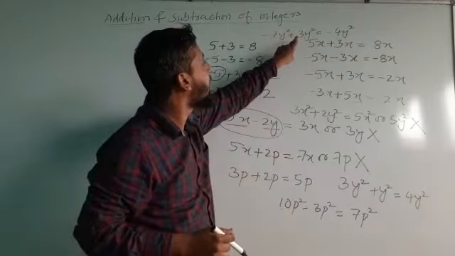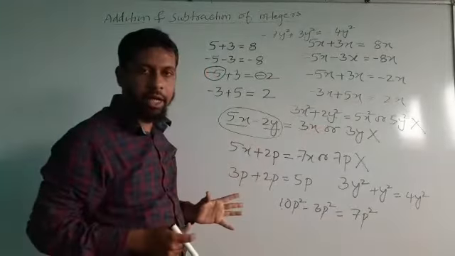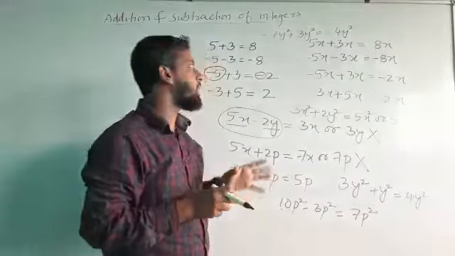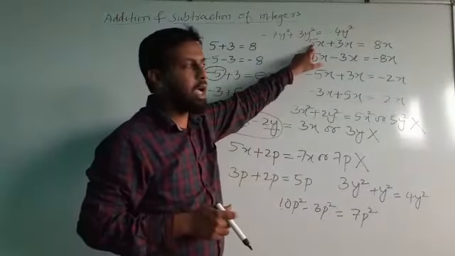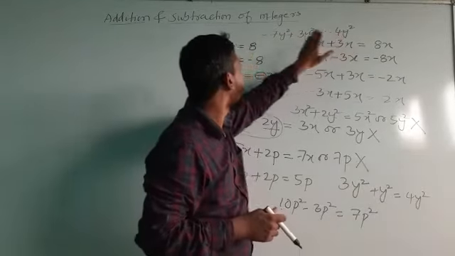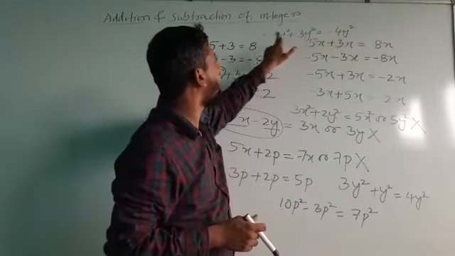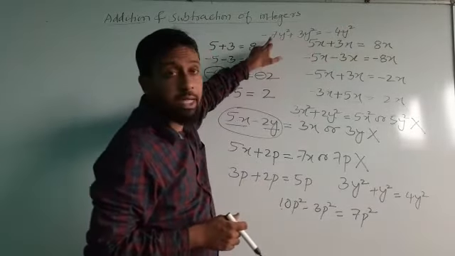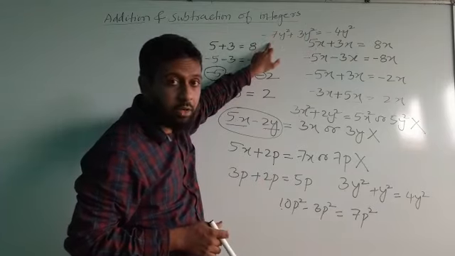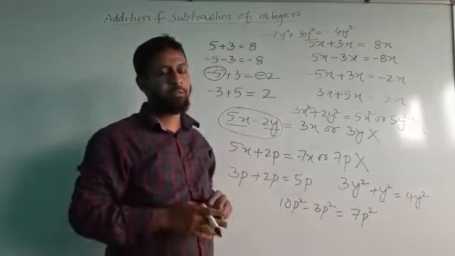One is minus, another is plus. If signs are different, as I said, we have to subtract. So we subtract here. If you subtract 7 and 3, you will get 4. Y square variable will be as it is. See which is the greater number in 7 and 3. 7 is the greater number. What is the sign of the greater number? It's minus. So result will be in minus.